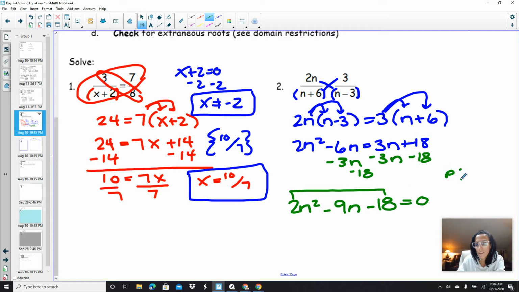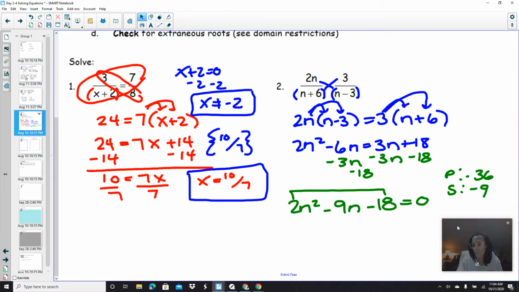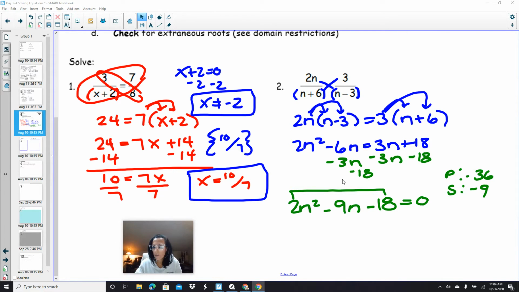So we have a product here of -36 and a sum of -9. Okay, so let me move myself here. What are those two numbers that can multiply to be a -36 but also add to be a -9.